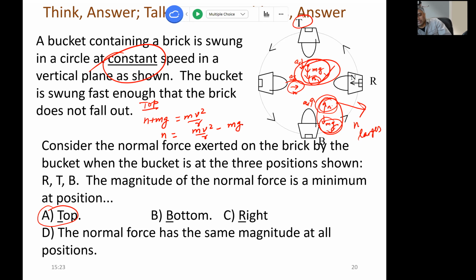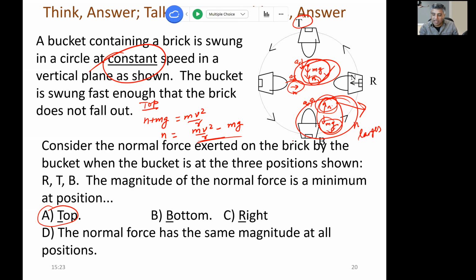So if you are on the cart, let's say the roller coaster rider, at the highest point, that's when you are feeling your weightlessness, less weight. See what's happening here? The normal force, there is a difference between those.